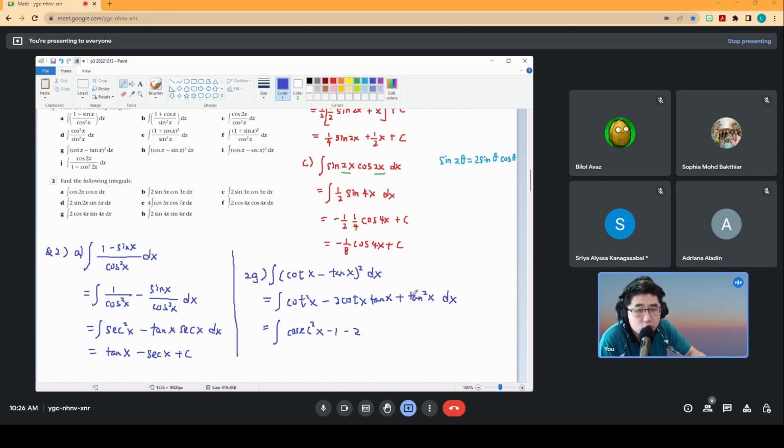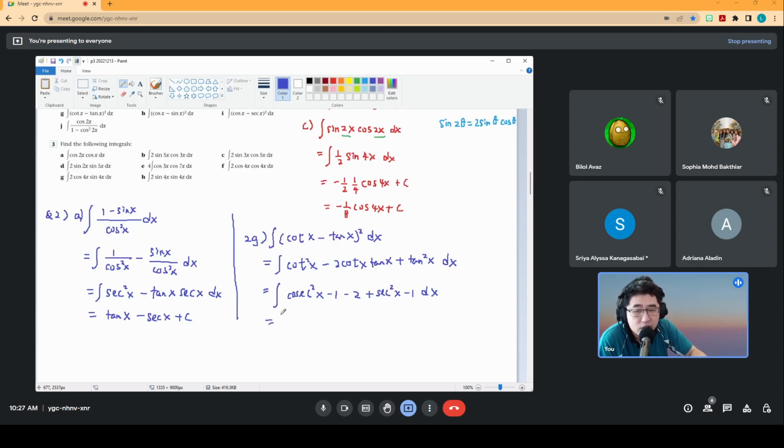And the tangent square here, similarly, we don't have a formula for tangent square, so I will need to change it into secant square x minus 1. Then we simplify, minus 4 dx over here.